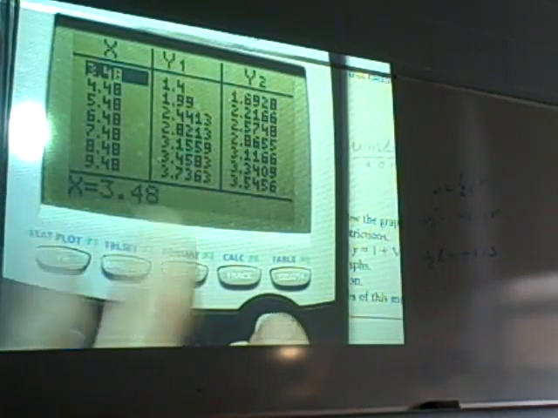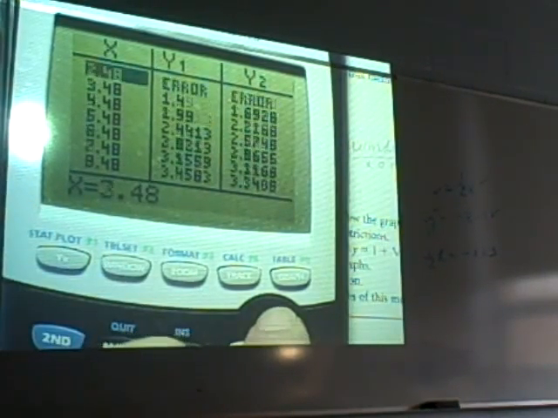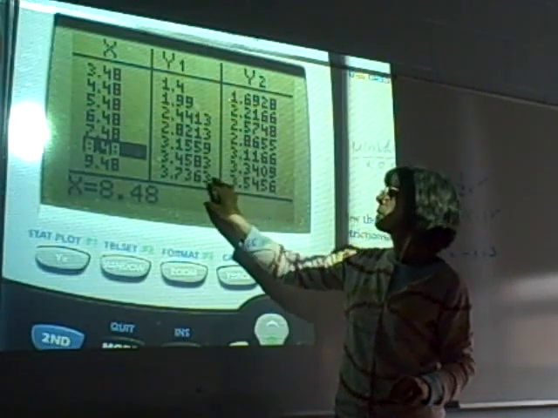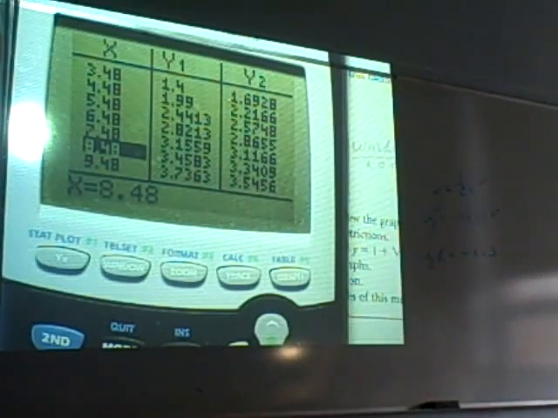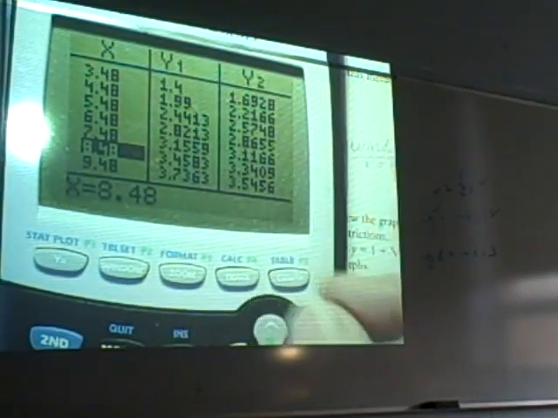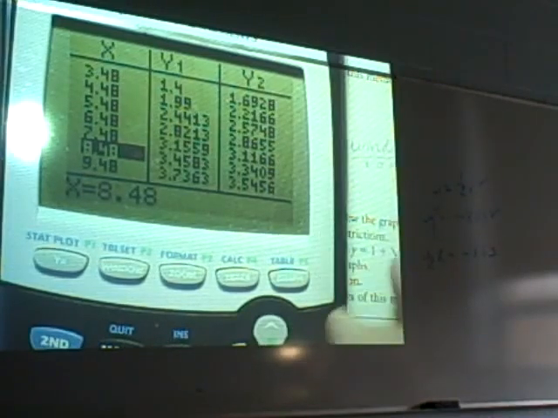And can we figure out more or less where they are the same? It's hard to see exactly. It's somewhere in here. You can see that they may be approaching that point of intersection.